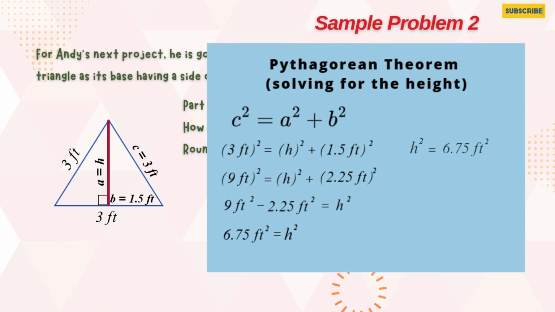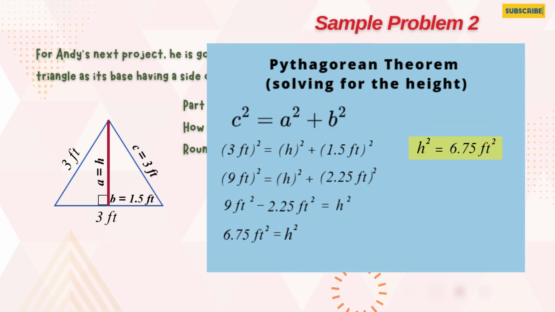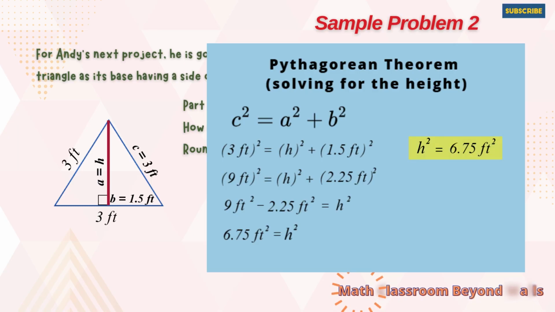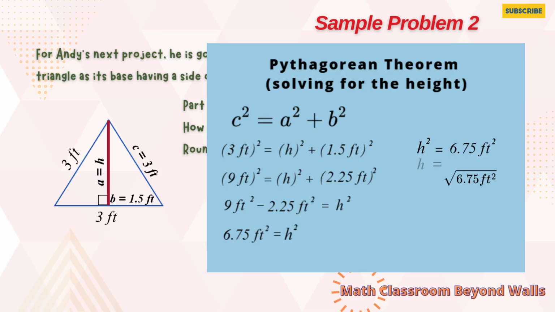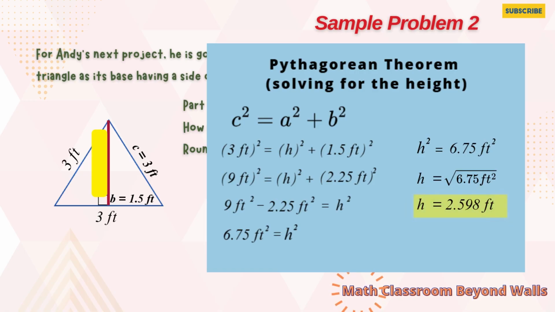Now, putting h squared on the left side of the equation and the rest on the right side, we have h squared equals 6.75 square feet. Getting the square root on both sides gives us 2.598 feet. This is the height h of the triangular base.